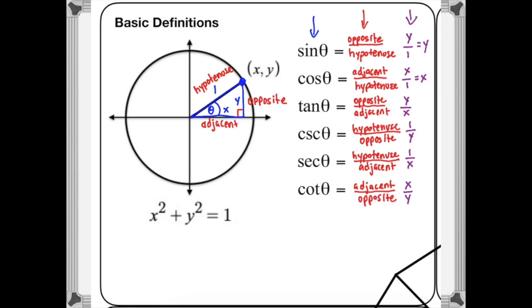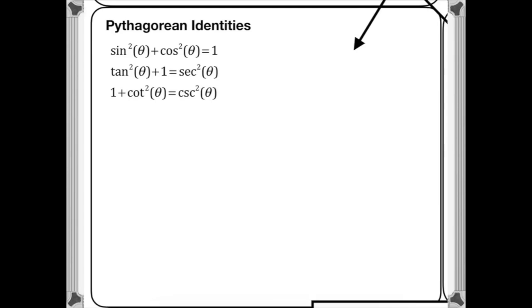So that is how far we made it, and what we're going to do to start off in this video is introduce putting these x's and y's, their values from the unit circle, into the unit circle definition to create new trigonometric identities. So we're going to start off with sine squared plus cosine squared is 1.